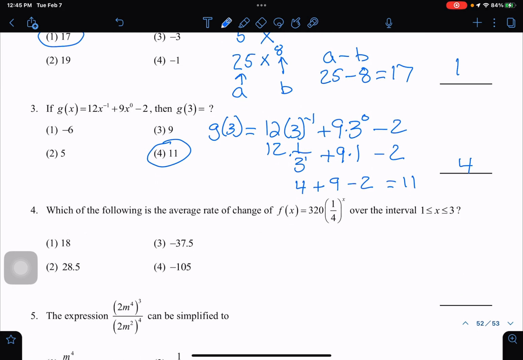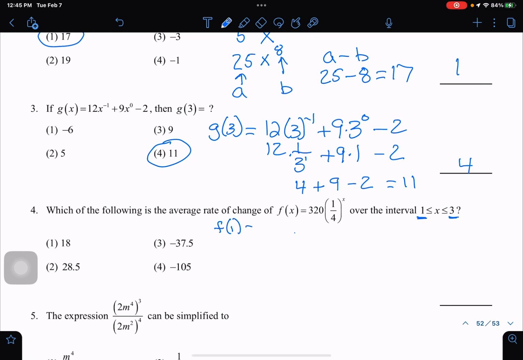Okay, now this one's pretty involved. Maybe tomorrow we'll have it as a part 2, because if you go wrong anywhere, you lose a whole 2 points. But what we're going to do is we're going to plug in 1 for x, and we're going to plug in 3 for x. So if you do just that, you would get partial credit tomorrow.